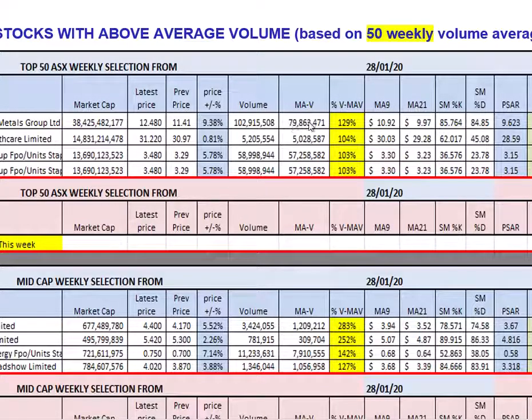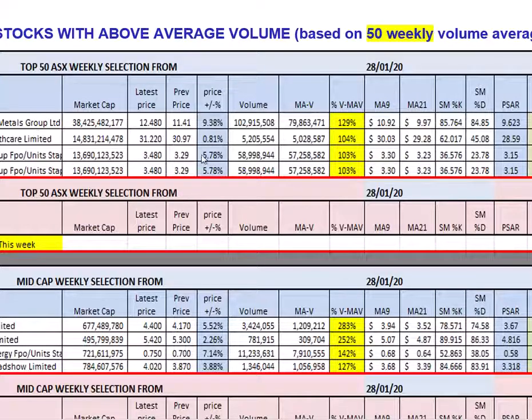The average volume over 50 weeks was 79 million transactions. Well, last week we saw 103 million, and the price went up by 9.4%. When the price goes up and the volume is above the average volume, this is a signal for you to go and do further analysis and determine whether it's really worthwhile looking at that particular stock.